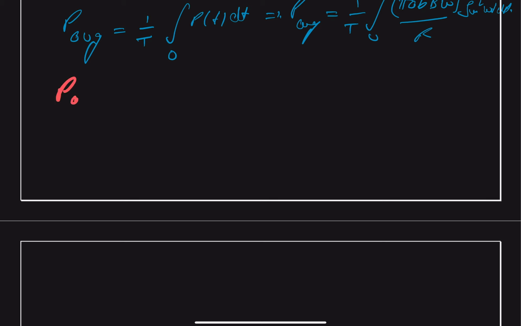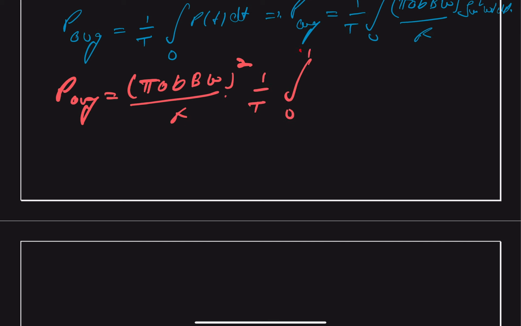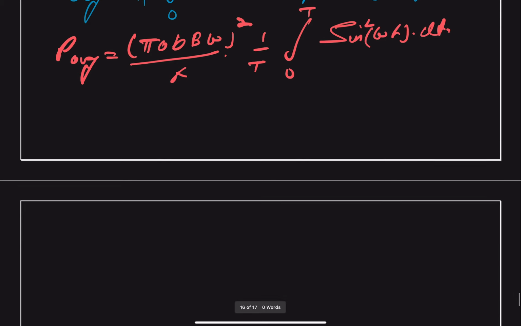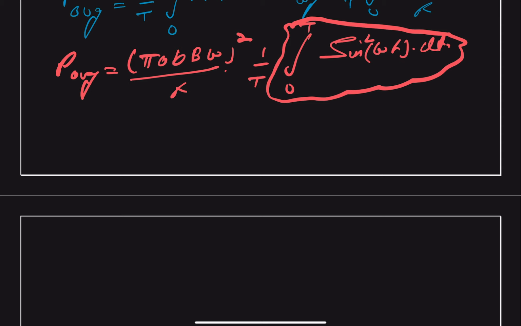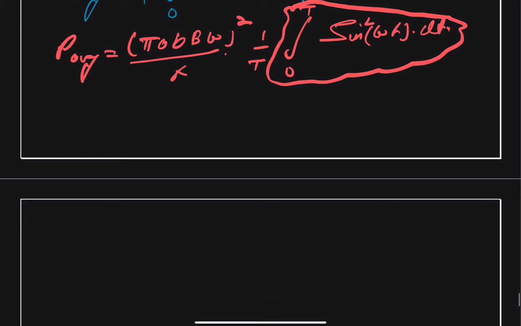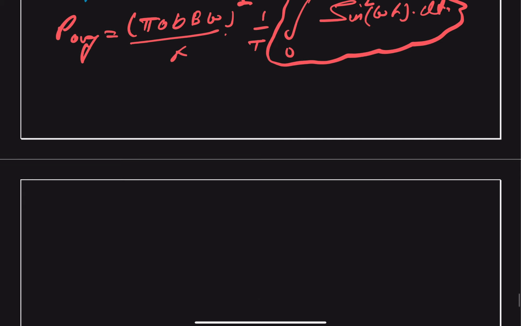P average will be equal to pi AB magnetic field omega whole square over R, times 1 upon T integration 0 to T of sine square omega t dt. We are only interested in the integration of this trigonometric identity, which is quite simple.